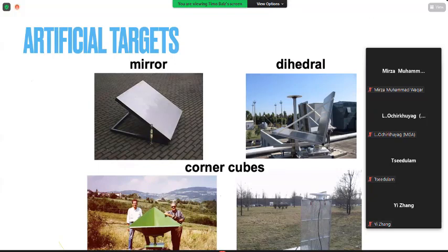Or we build them sometimes, especially to be seen for radar, for validation purposes, for measuring purposes. So we see these mirrors, corner cubes, trihedrals, bihedrals, they're all in use for radar remote sensing.